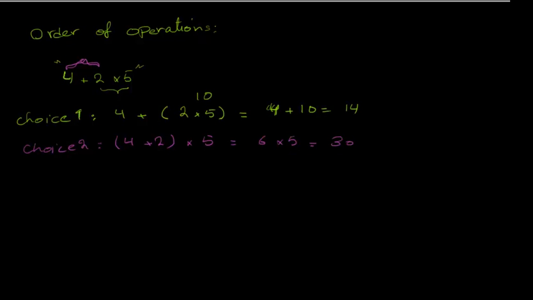When there are multiple operations in an expression, we need to follow some ground rules so we all arrive at the same answer. Those ground rules are called order of operations. It means which one of the operations should be taken care of first.